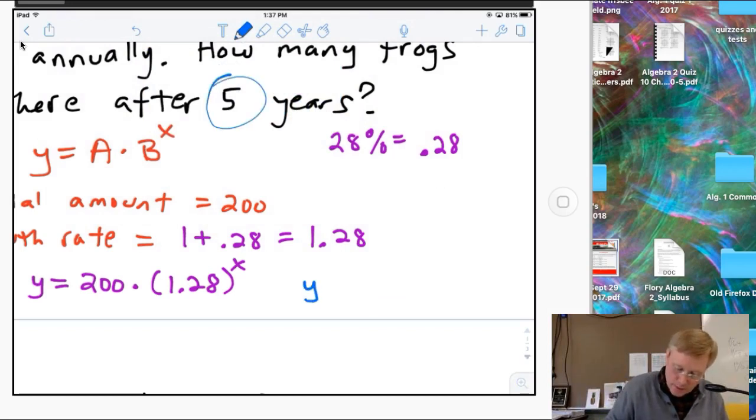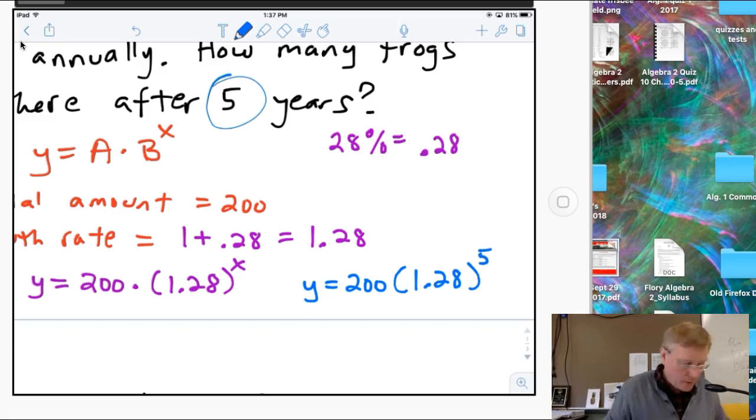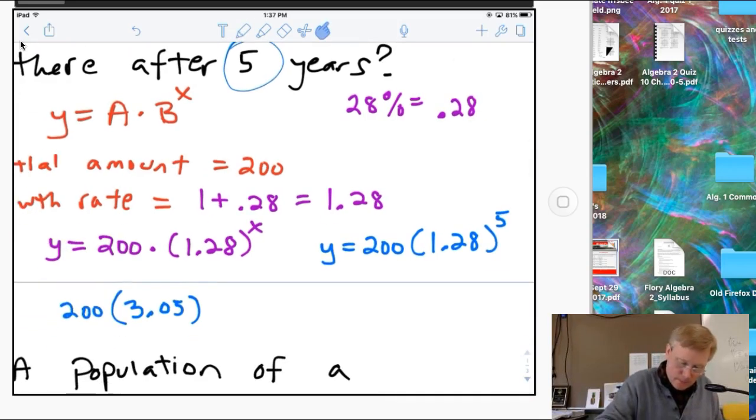So I got y equals 200 times 1.28 to the 5th power. And now you're going to want to have a calculator for this. It'd be a painful thing to do that without one. If I take 1.28 to the 5th power, that gives me 3.05. And then I'm going to multiply that by 200 to get my answer, okay? That's a 5 here, clean that up.